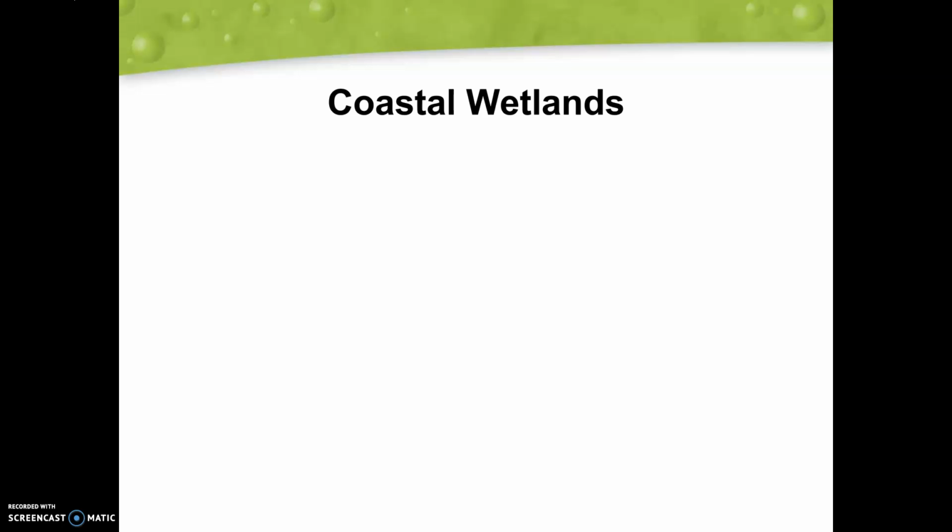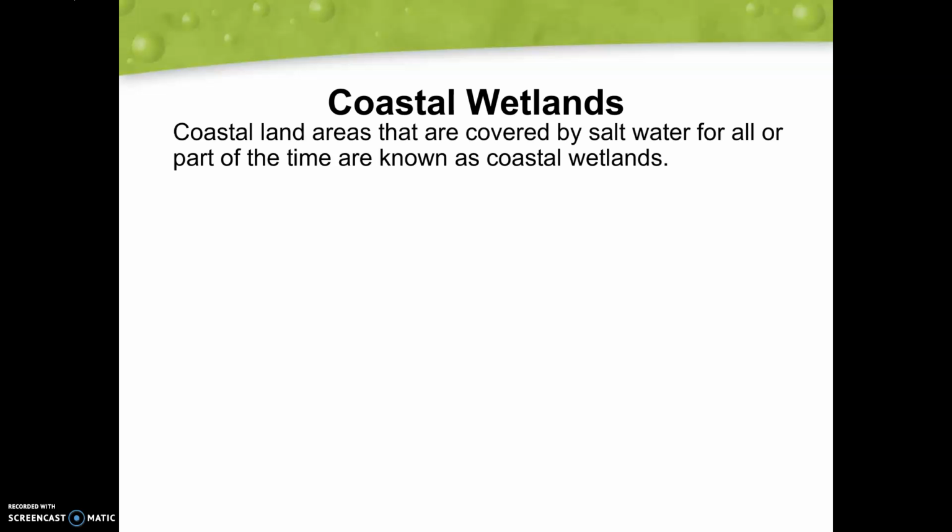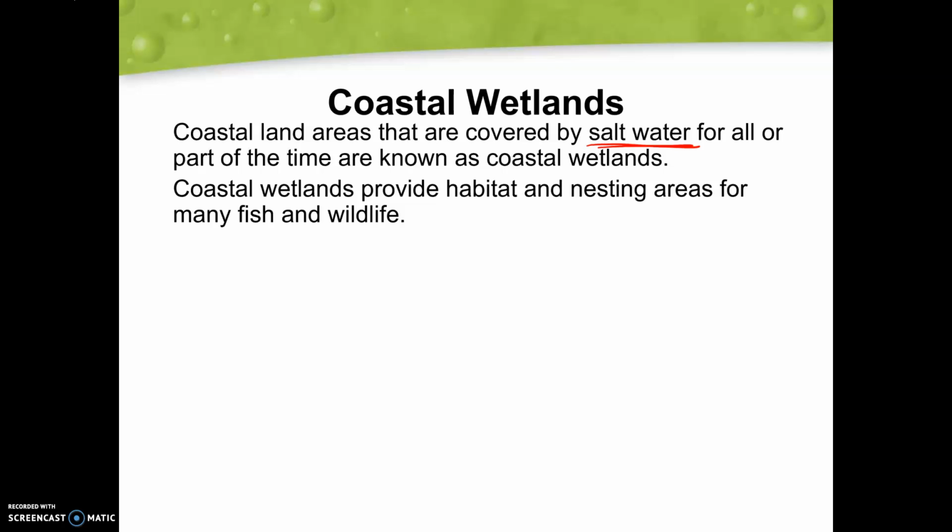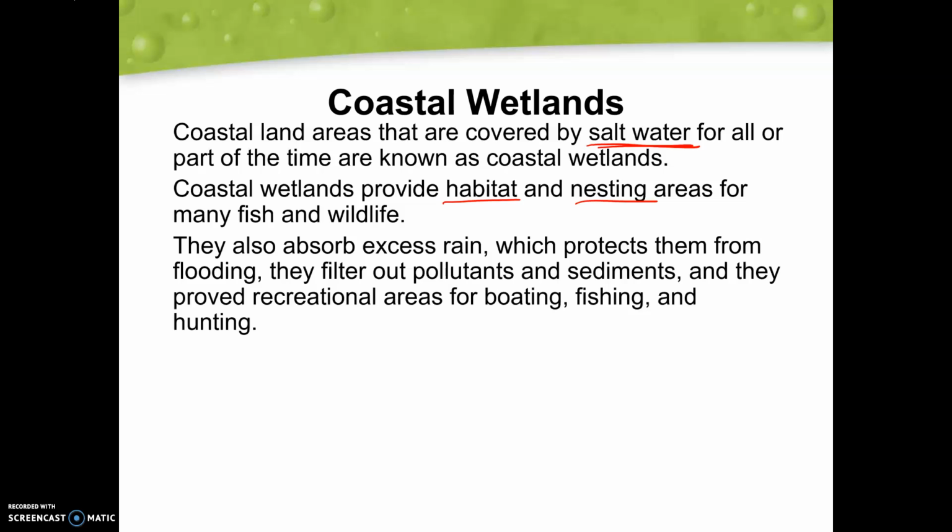So we're going to talk a little bit about coastal wetlands, more of our saltwater coastal wetlands. Coastal lands that are covered by salt water for part of the time or all of the time are known as coastal wetlands. So a little bit different than our freshwater wetlands here. They're still going to provide a lot of habitats and nesting areas for different fish and wildlife like marine birds and crustaceans. But they're also able to absorb excess rain, which protects from flooding.